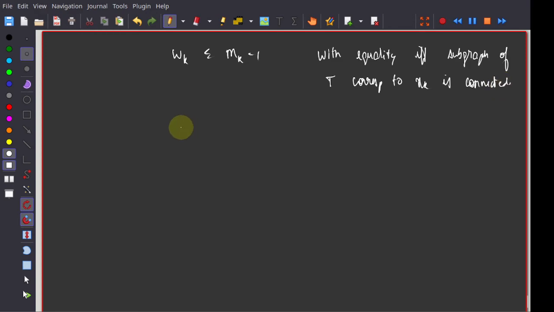Right? Okay, so now let me sum. What is the total weight of the spanning tree? It is the sum of all the weights. So it's the summation over k of w_k. You agree?